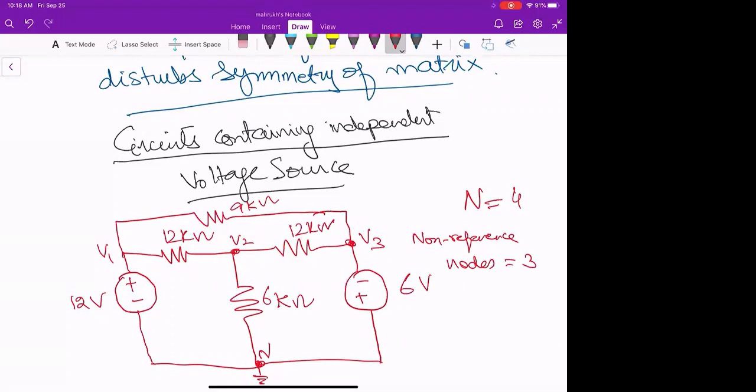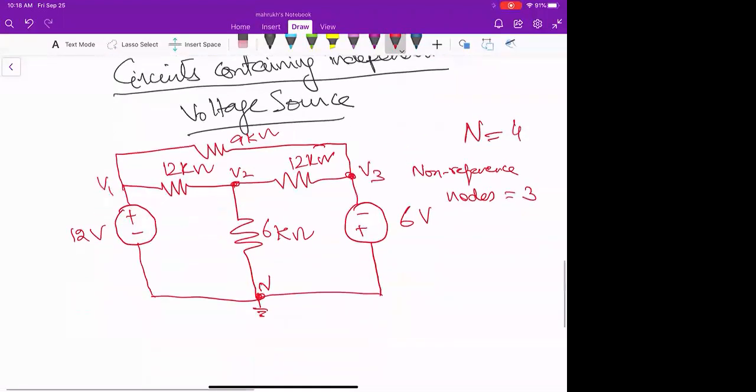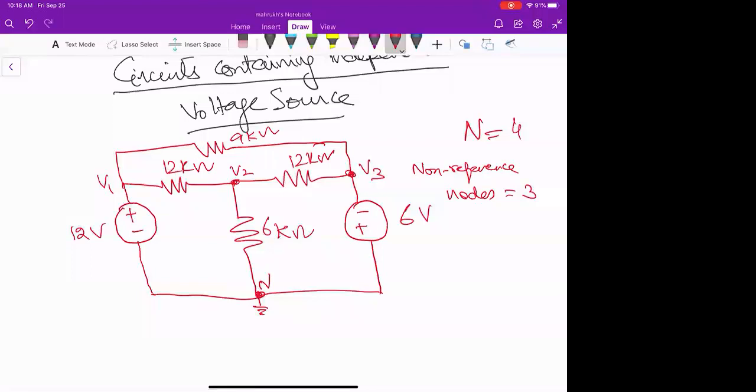The interesting scenario here is that in this problem, you are talking about a voltage source. You're not talking about a current source, right?